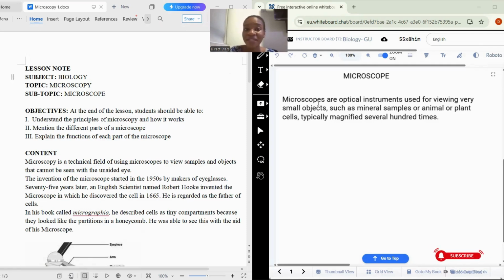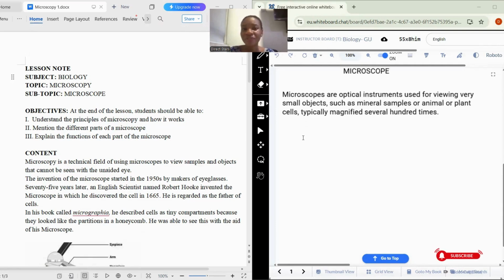They typically magnify these objects several hundred times. So this is what we mean when we talk about microscopes. We are simply talking about the instruments. But when we talk about microscopy, we are talking about the field that is involved with the use of these microscopes. So let's look at a brief history of the microscope.